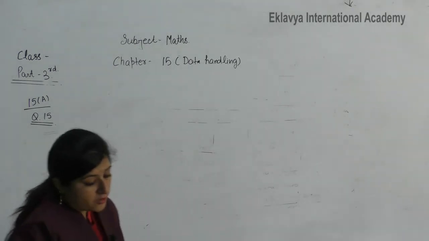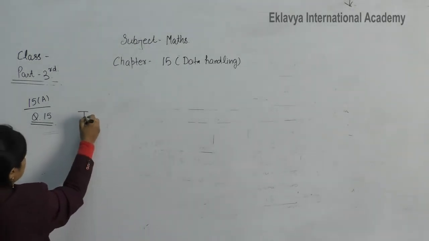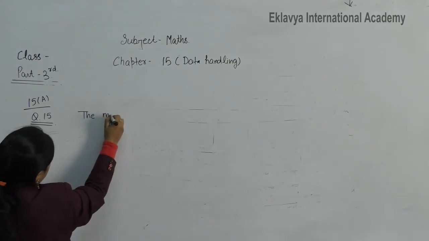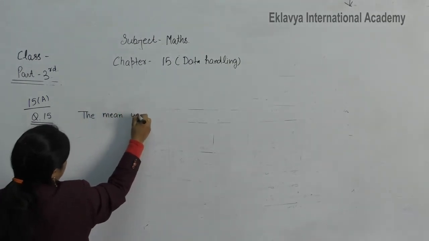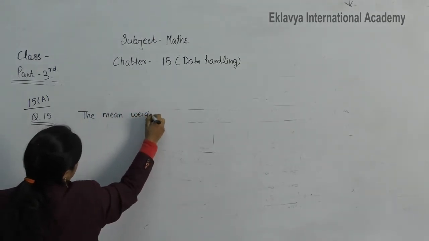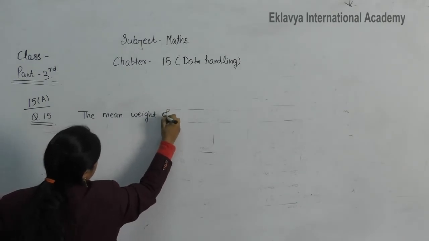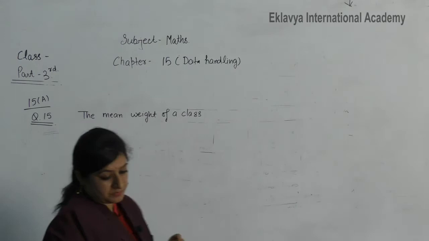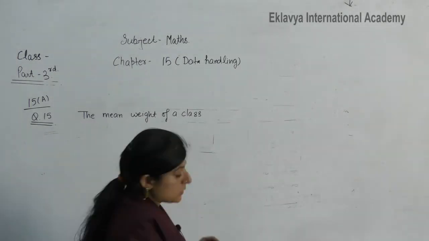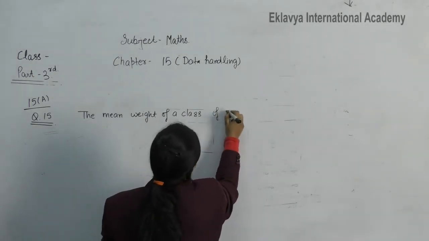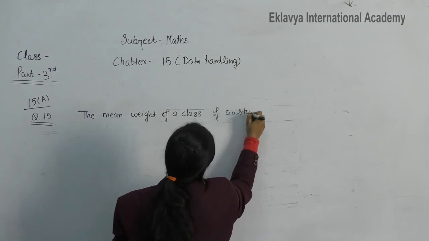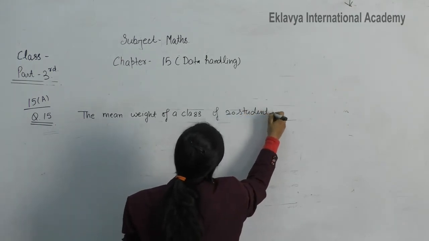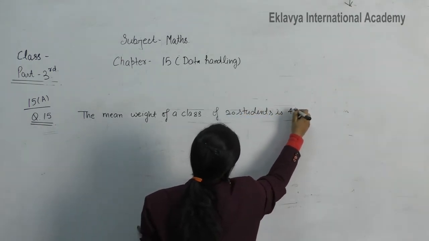The mean weight of a class of 20 students is 48 kg.